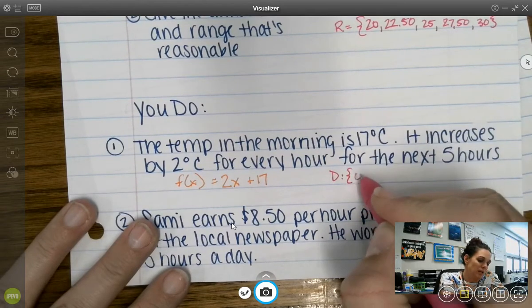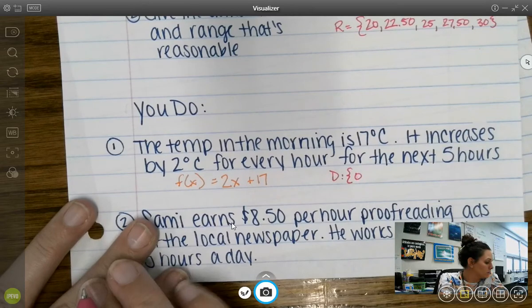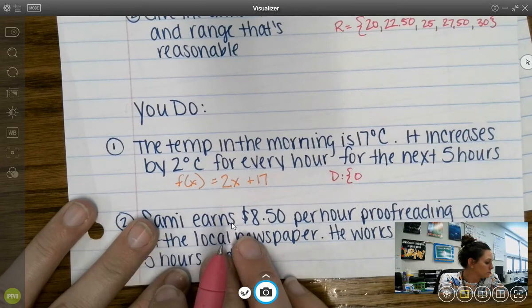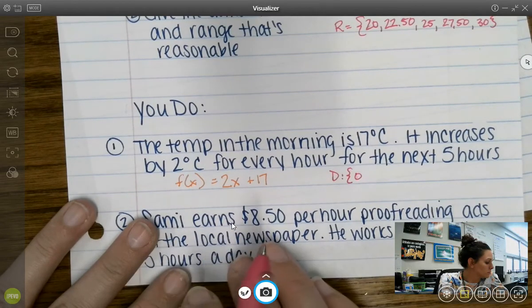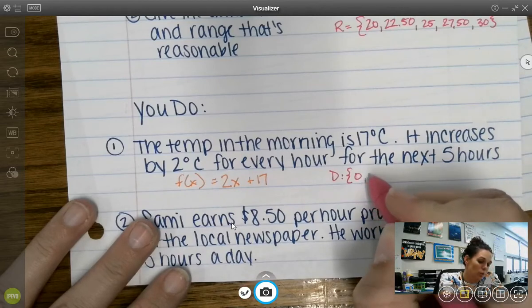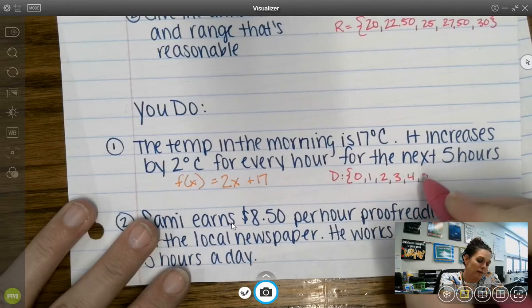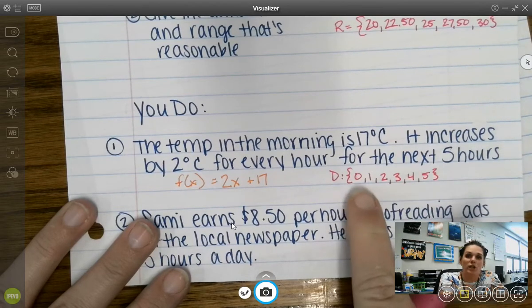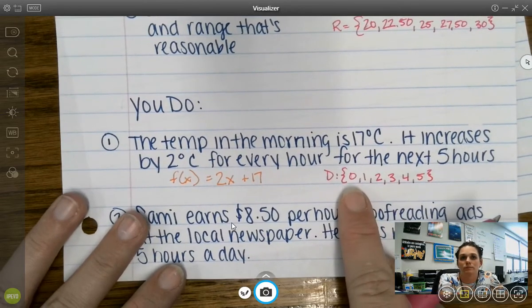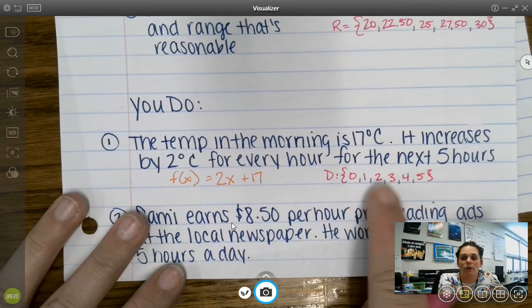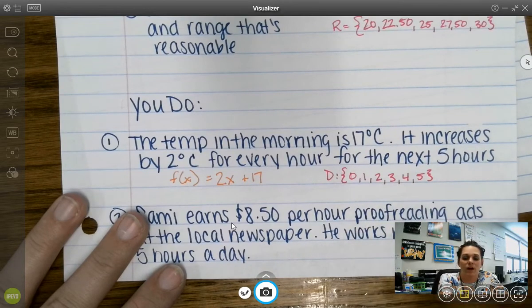Our domain would be 0. Just kidding. Yes, 0, 1, 2, 3, 4, and 5. So at no hours passing, at 1 hour, at 2 hours, at 3 hours, at 4 hours, and 5 hours.